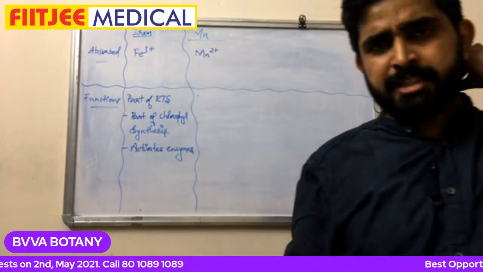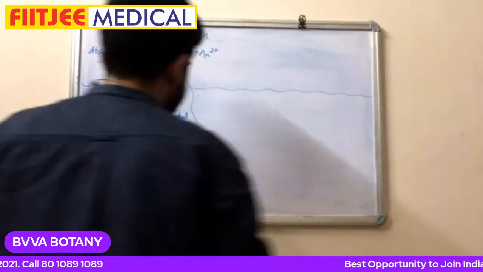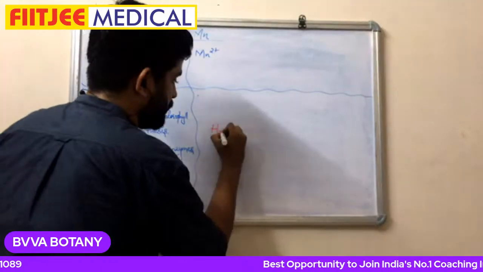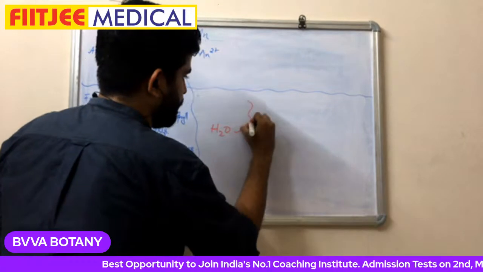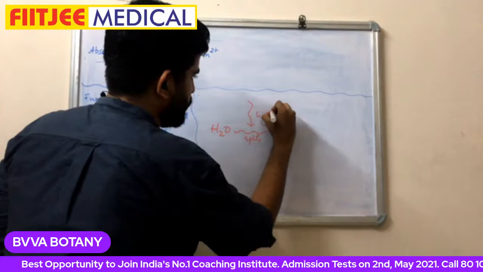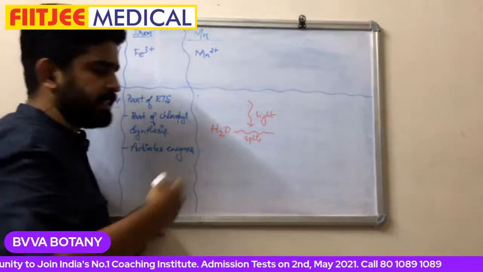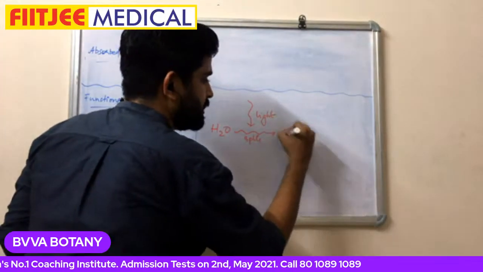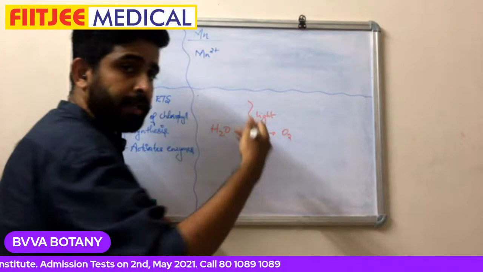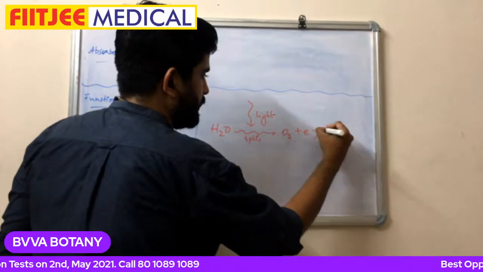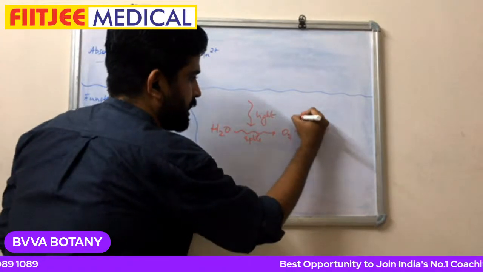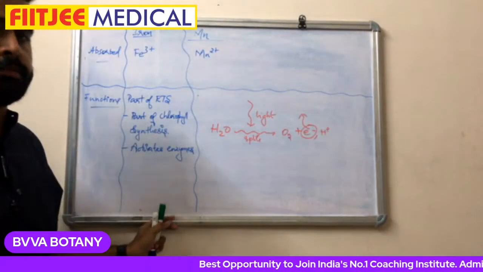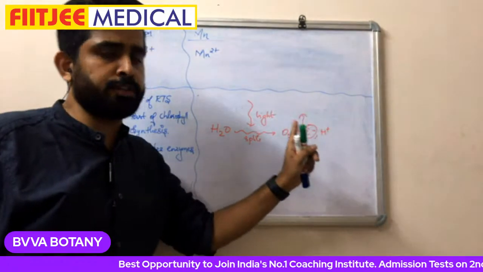The splitting of water takes place in presence of light, and oxygen is released, along with some protons and electrons. Now this electron is used in the process of photosynthesis.